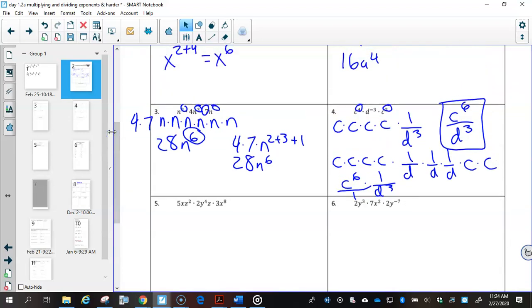Did we not add the exponents because one was negative? Why didn't we add all of the exponents? Because the variables are different. You guys are close. If it's different variables.